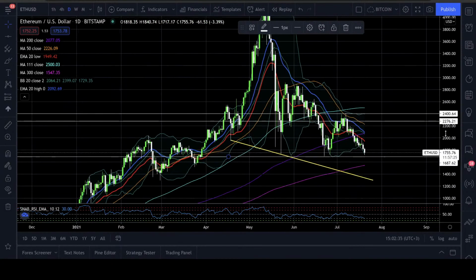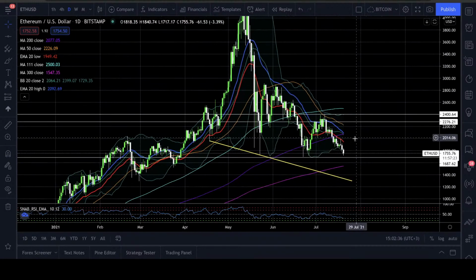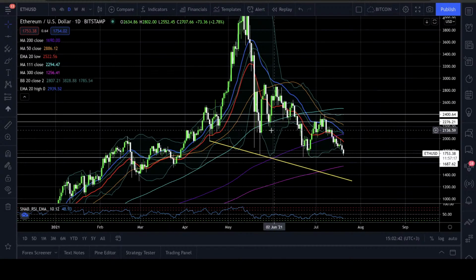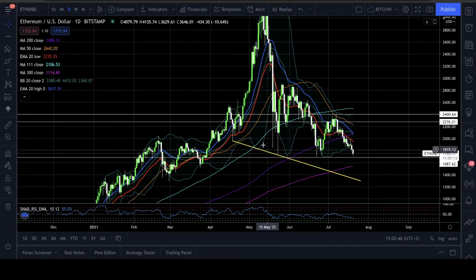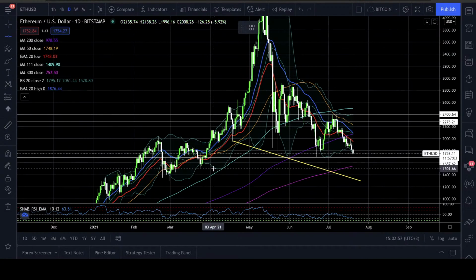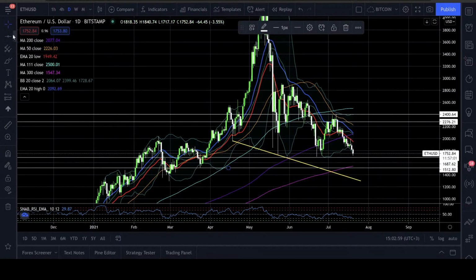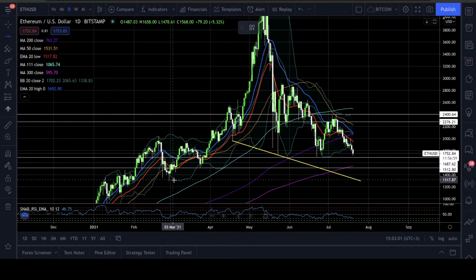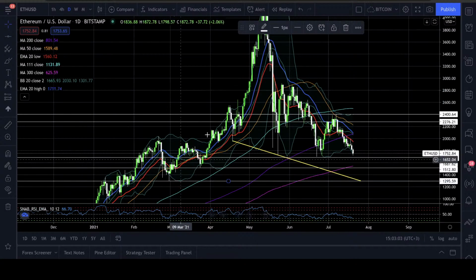So what I think will happen in the next few weeks is Ethereum is looking for a strong support. When you look at support, you obviously have to look at the history. So when you look back before the rally, you get these two prices that gave Ethereum support on the bounce.